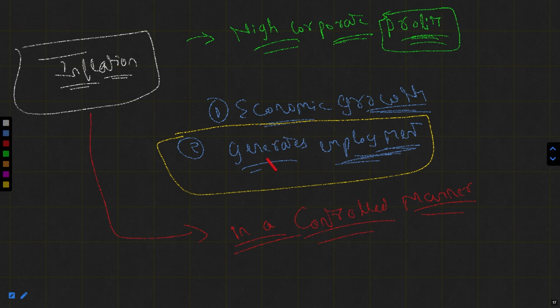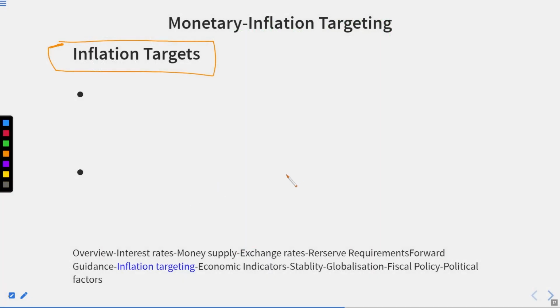So that's why the central bank cannot directly avoid inflation, because as I told you, inflation is good as far as we consider economic growth and the employment part. So that's why we basically set the target of inflation. Like we have to maintain this particular inflation during this fiscal year.